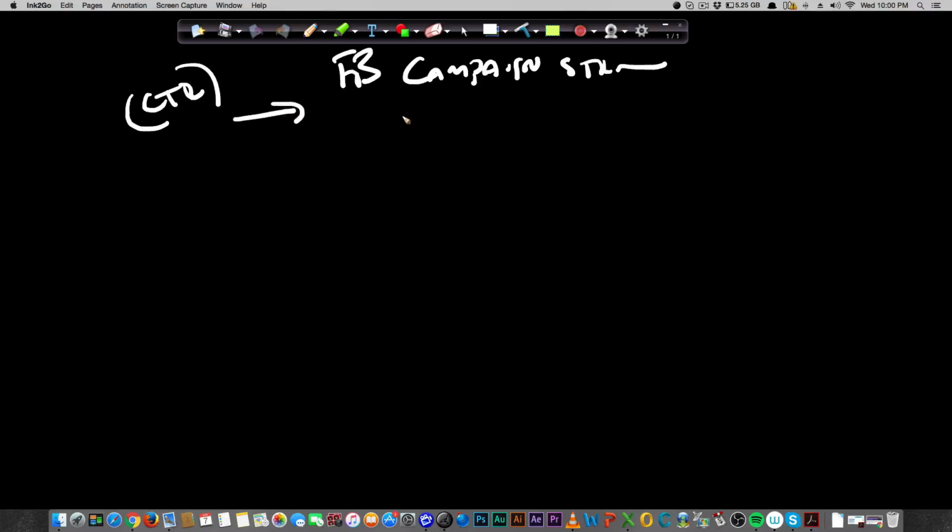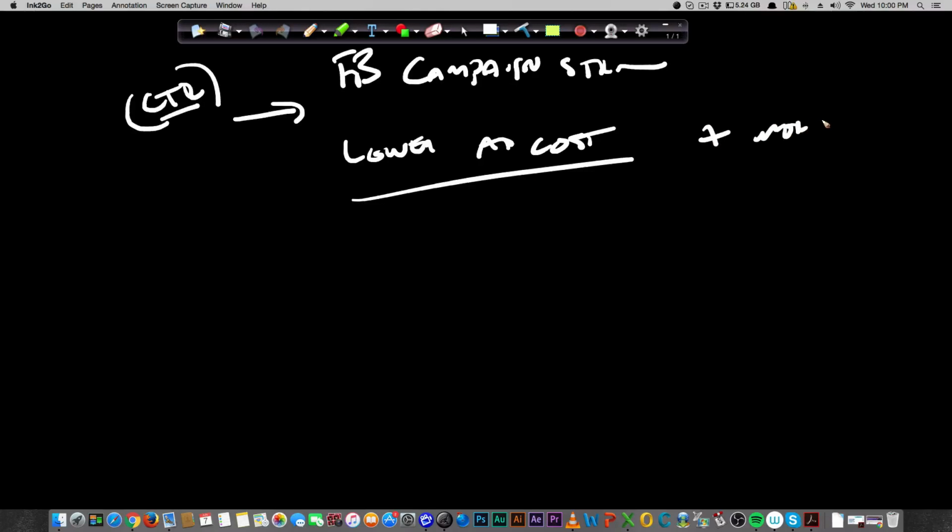Once you have a high CTR, Facebook rewards you, because they're imagining people are commenting, sharing, liking, right? So they're saying, hey, our community likes you, so we're going to reward you with lower ad cost, right? And with that lower ad cost, you get your ad to more people, right?